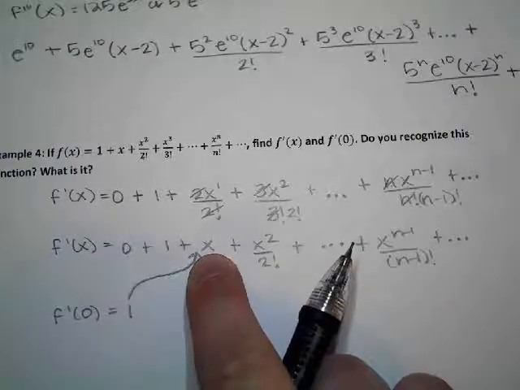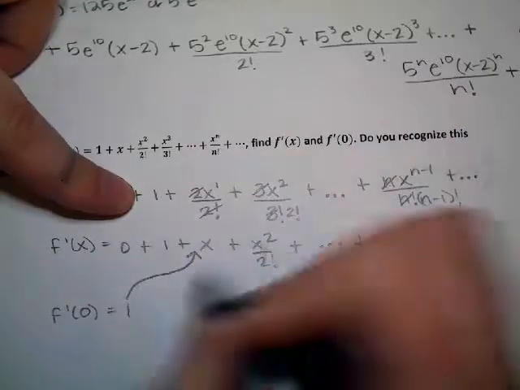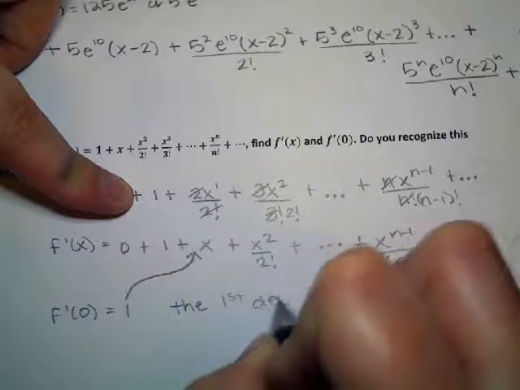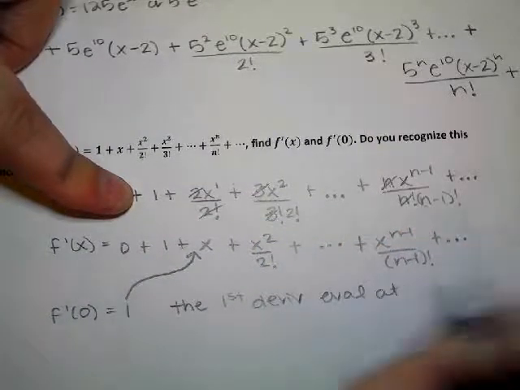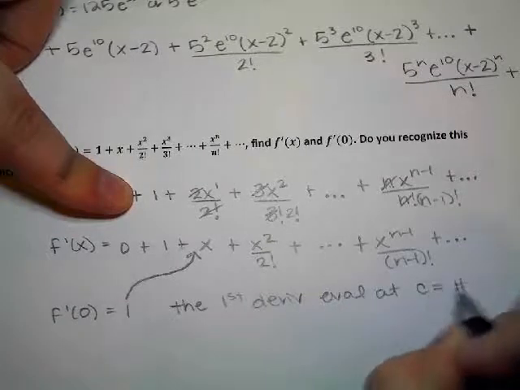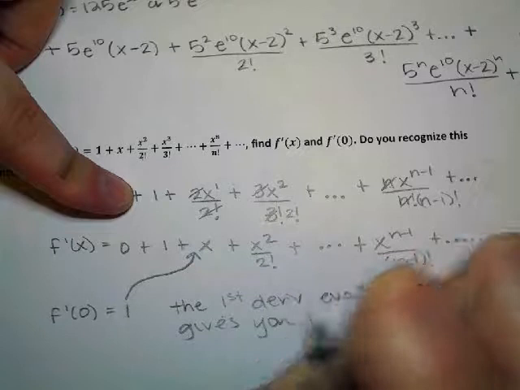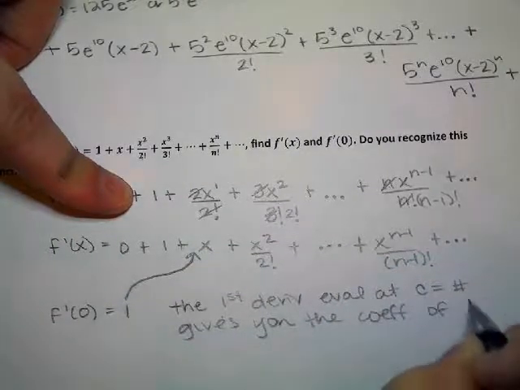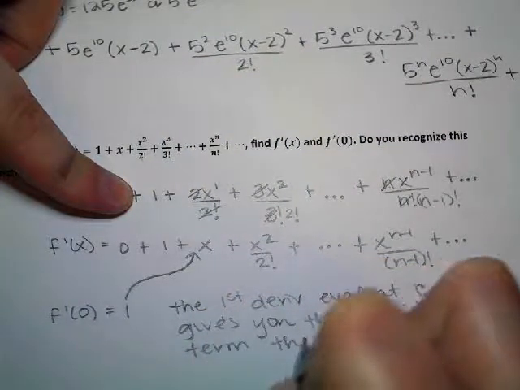The first derivative evaluated at c equals the number gives you the coefficient of the term to the first degree.